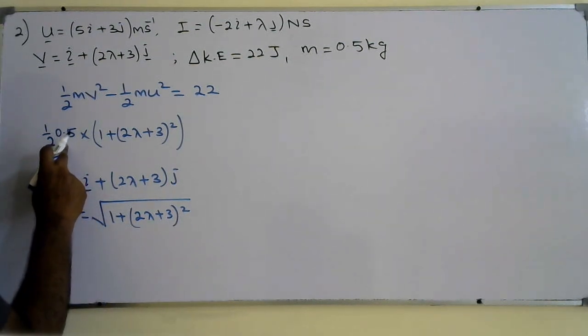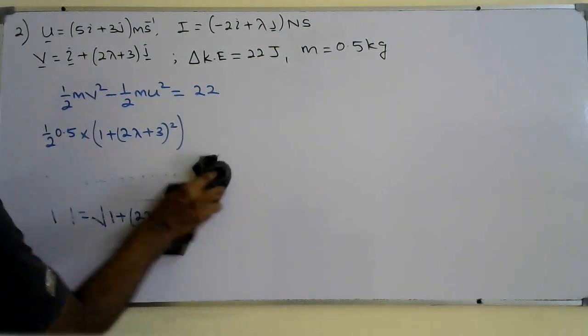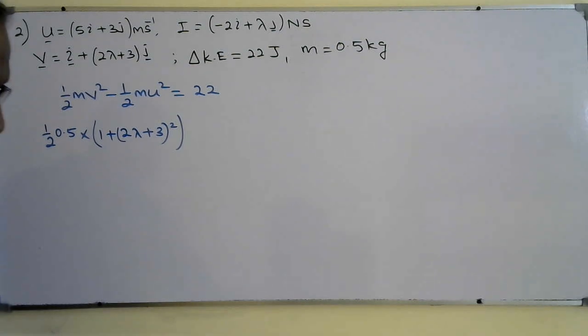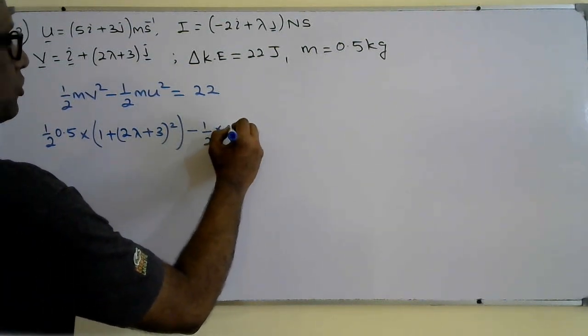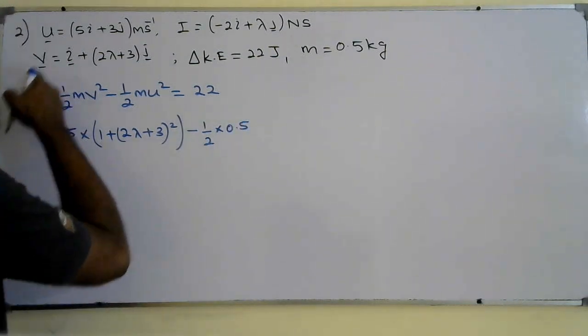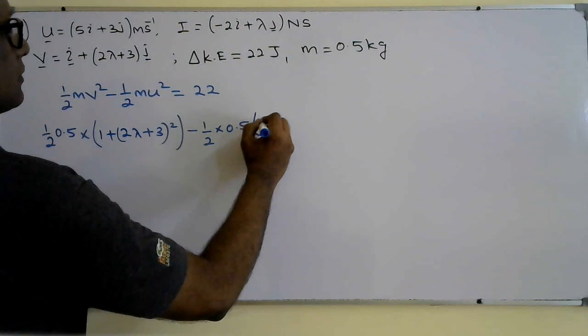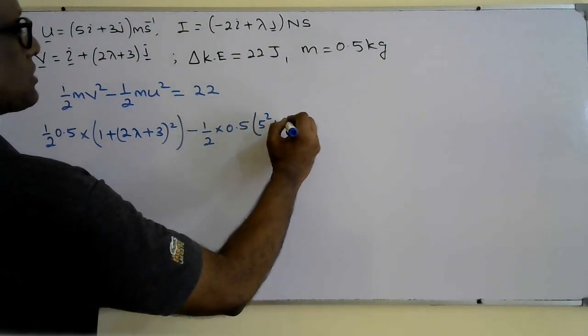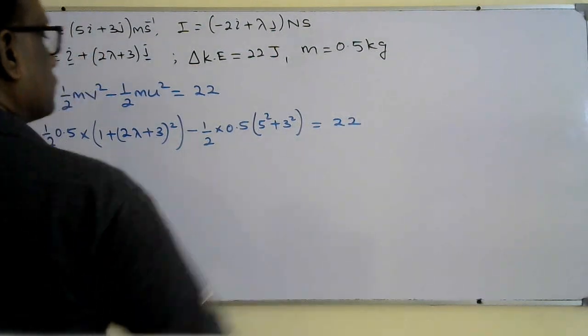So it becomes 0.5 into (1 plus (2 lambda plus 3) squared), minus 0.5 into (5 squared plus 3 squared), equal to 22 joules.